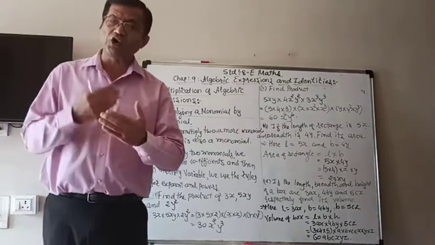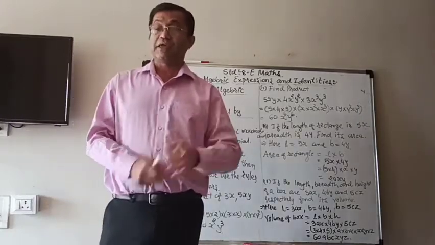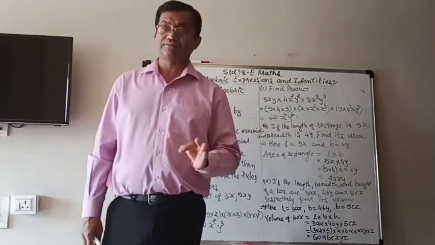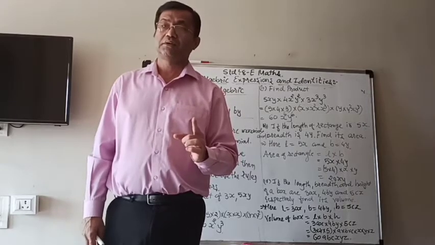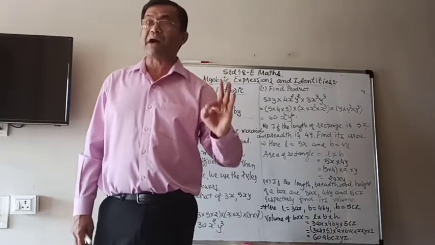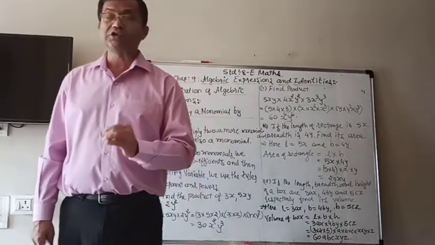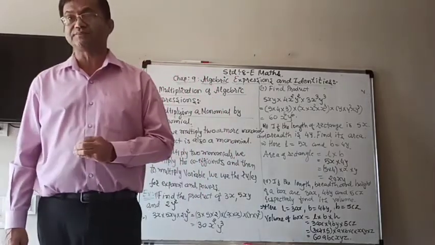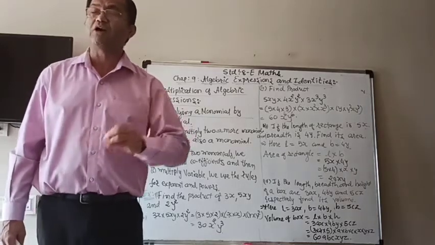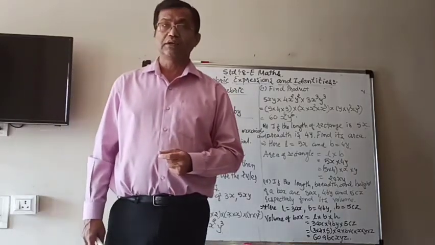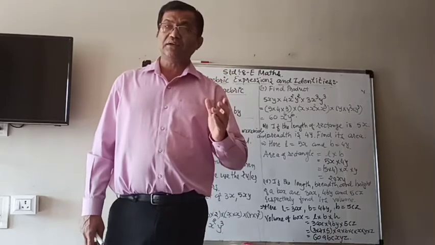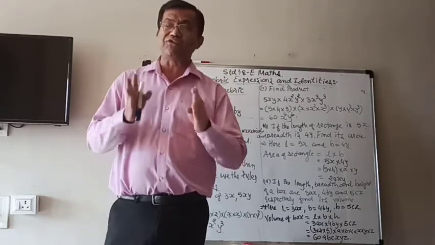To multiply those variables we use the rules of power and exponents, which we already learned. And then you write down the final answer.